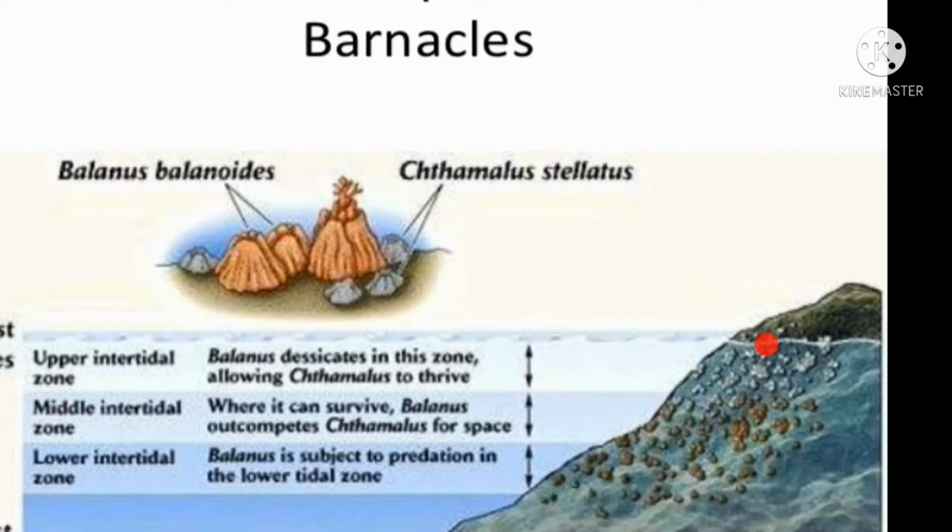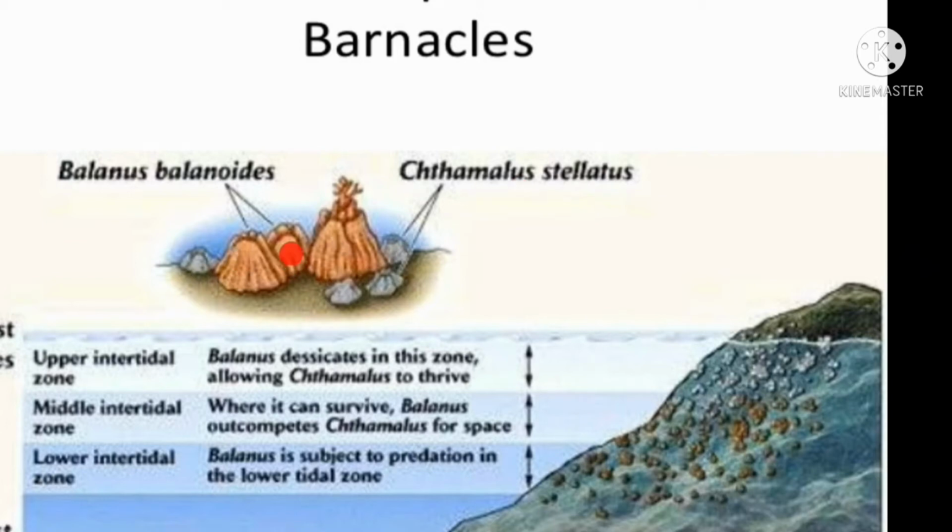The rocky intertidal coast area. There are two types of barnacles. One is bigger in size and its name is Balanus, and the other barnacle is called Chthamalus.